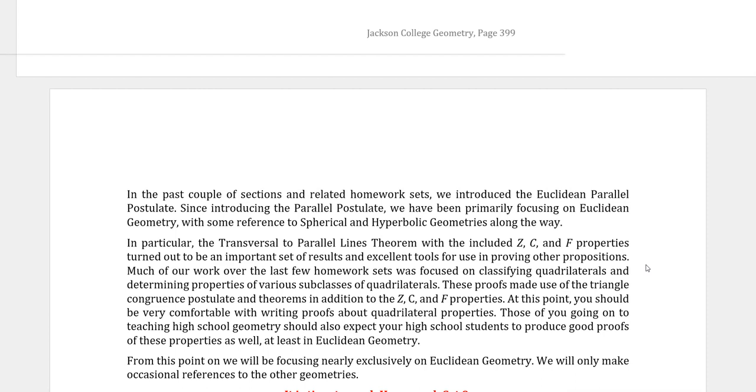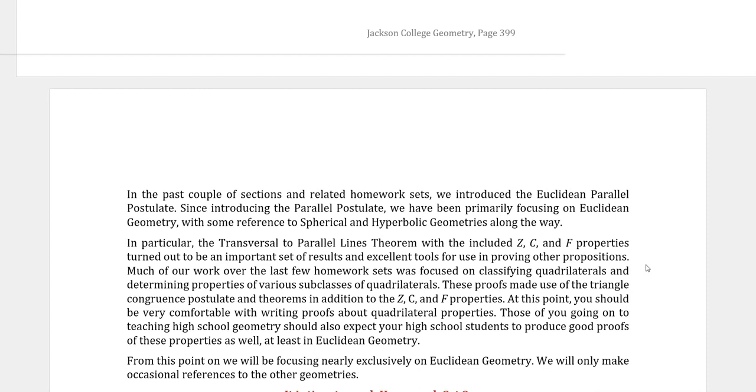In particular, the transversal to parallel lines theorem with the included Z, C, and F properties turned out to be an important set of results and excellent tools for use in proving other propositions. And so much of our work over the last few homework sets, the last few chapters, the last few videos, was focused on classifying quadrilaterals and determining properties of various subclasses of quadrilaterals.